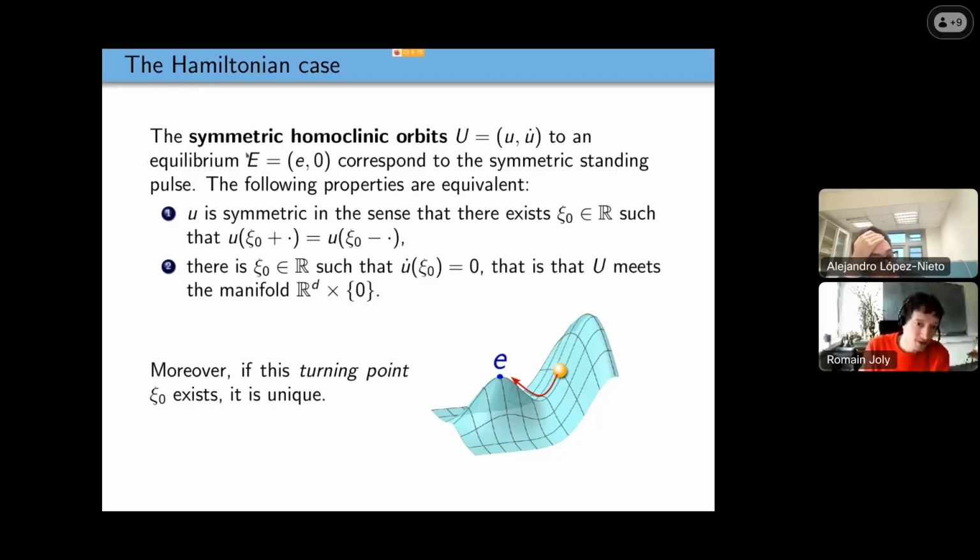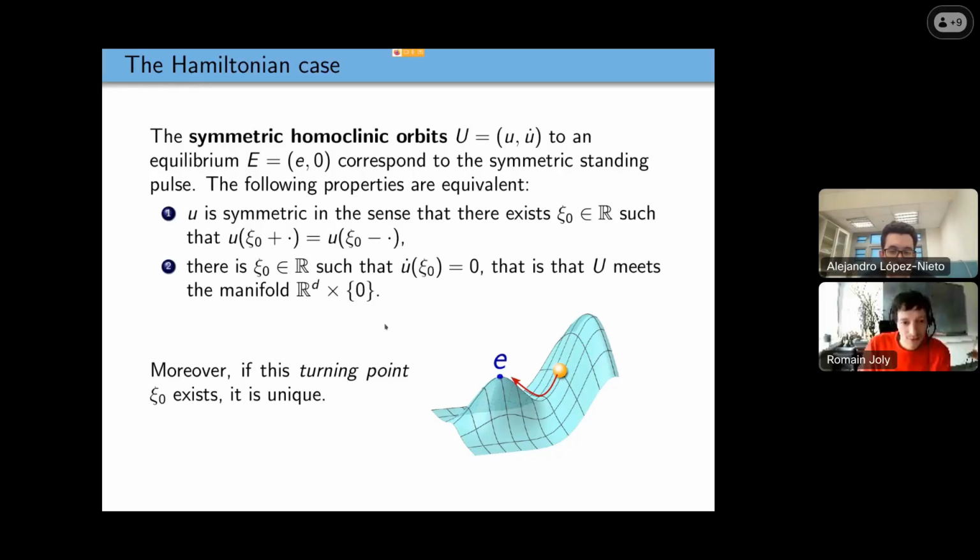This is the only possibility to get a symmetric homoclinic orbit. Geometrically, for the ODE, it means that you have a symmetric homoclinic orbit as soon as you have a homoclinic solution which meets the place where the speed vanishes. Geometrically, it just means that you meet the manifold R times 0, the place where the speed vanishes in the phase space.